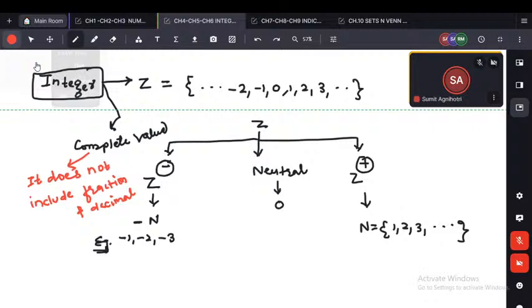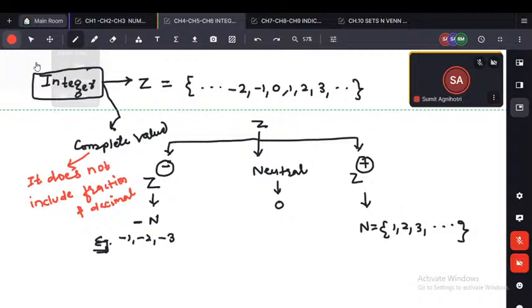If integer includes negative of the natural number, we call them negative integer. If it includes exactly 0, we call it neutral number. And if it includes all natural numbers, we call it positive integer. All natural numbers can be called positive integers. Oh, I understand.